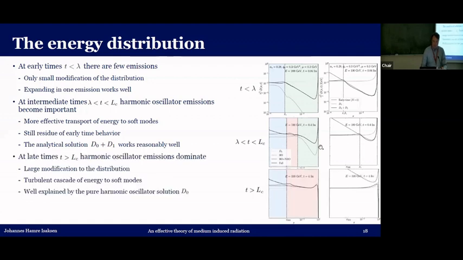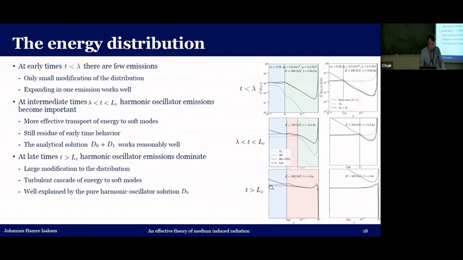At late times, as I said, the harmonic oscillator emissions dominate, and you get a large modification to the distribution. So this peak basically disappears, and you get just these softer modes. And here it's interesting to see that the Bethe-Heitler emissions become important. This dashed curve that you can't really see that well is if you don't take into account the Bethe-Heitler regime.